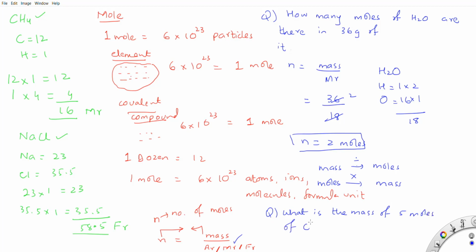So how can we proceed? Again, you need to work out mass. You can use the same formula. This is now Ar. So n is given. This is 5 times Ar, that is 12, giving mass. So it would be 60 grams as the mass. Okay.